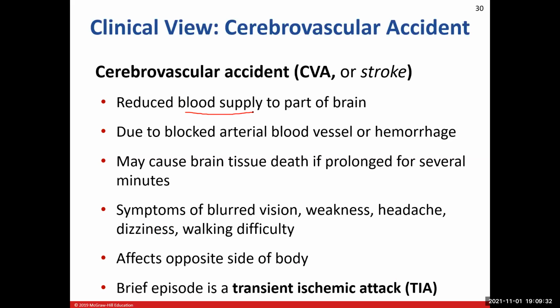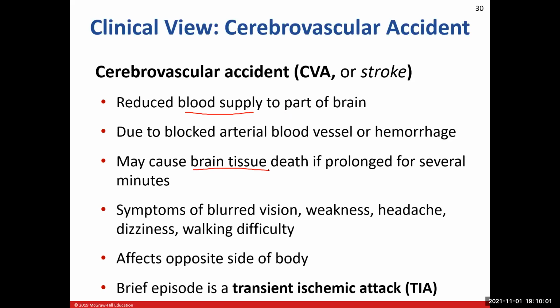Now, that reduced blood supply could be either because we have completely blocked one of the arteries in the brain, or maybe there's a tear, an aneurysm or hemorrhage, and so you're bleeding out into the tissue there. But we learned this back in chapter 5, if we cannot give nutrients, mainly blood, to tissues, they will die, tissue necrosis. And we'll see that here in our brain.